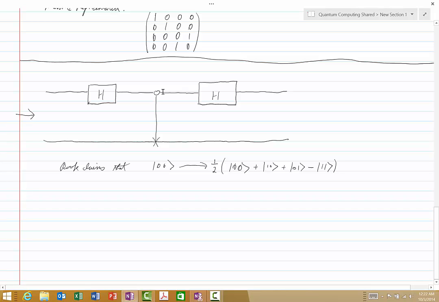So let's think about what would happen to a qubit, and try to understand then what we need to do. Okay, so we're going to look at this first stage first.